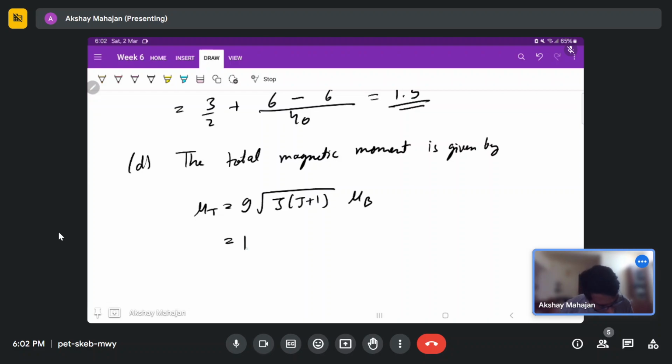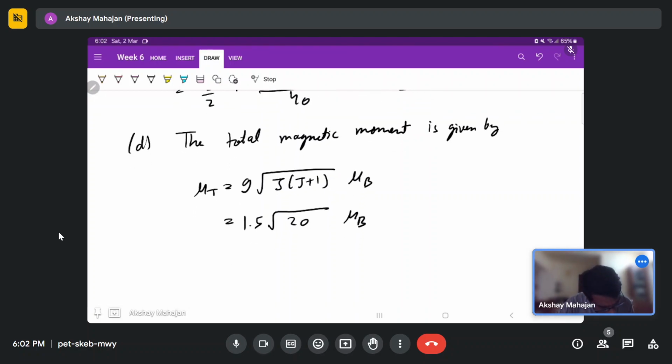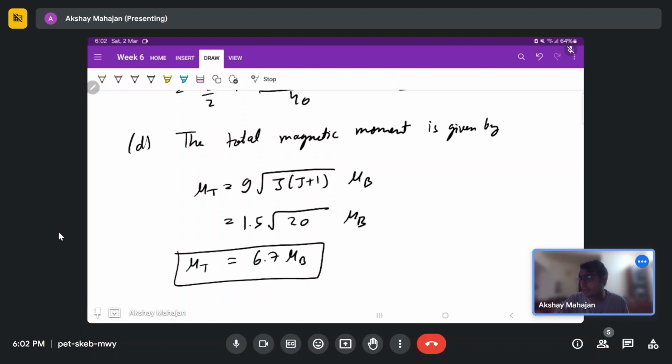This is 1.5. This is 4 times 5, which is 20. Alright, this value is root 20 mu_B, and if you calculate it, this comes as 6.7 times mu_B. This is the total magnetic moment.